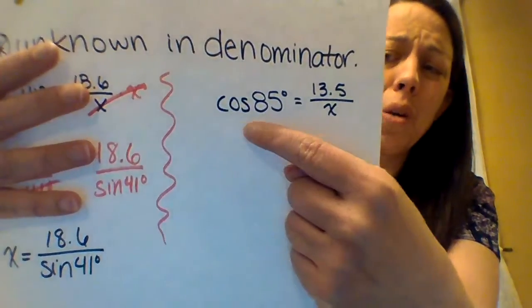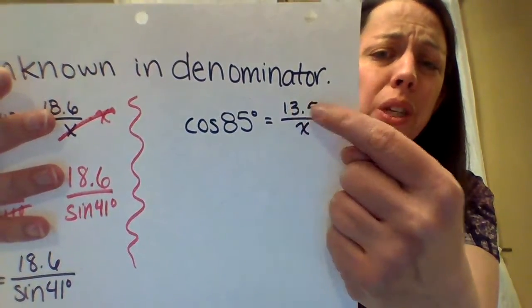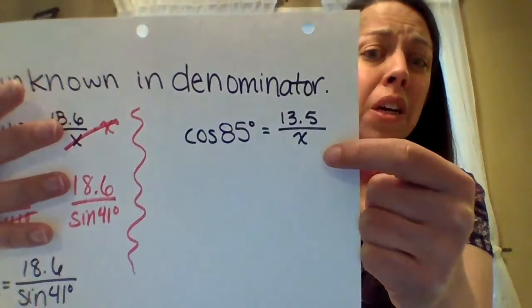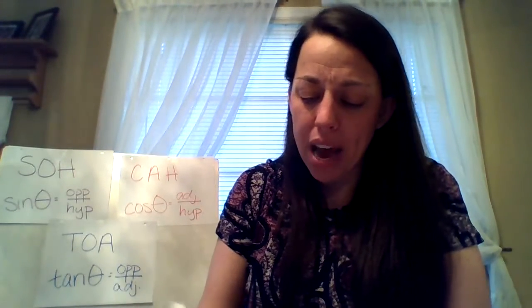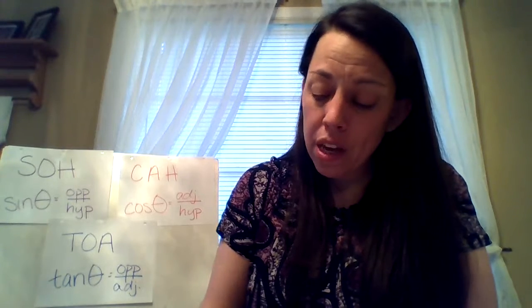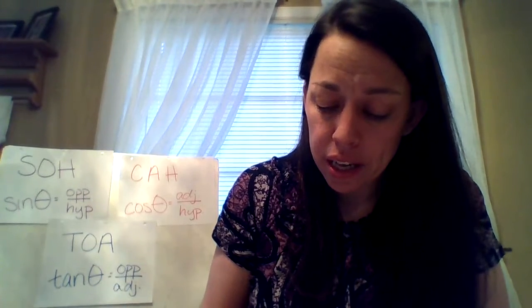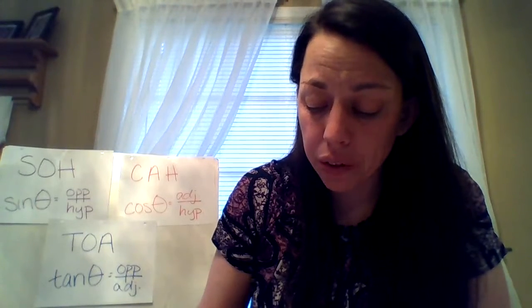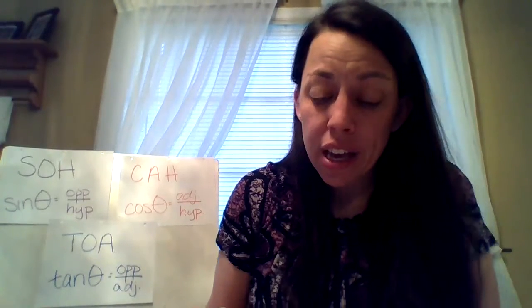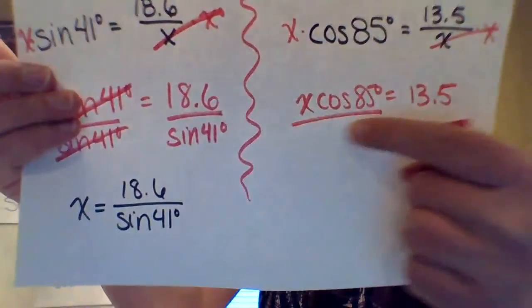What if we had started to do our work and we were supposed to use cosine of 85 degrees equals 13.5 over x? Uh-oh. Divide by x. I don't like that. Let's multiply both sides by x. That cancels out the x. But now I have x times the cosine of 85 degrees equals 13.5. And remember, I don't want x times the cosine of something.